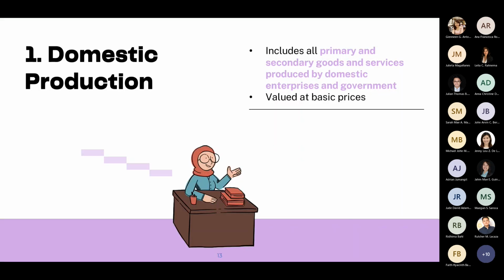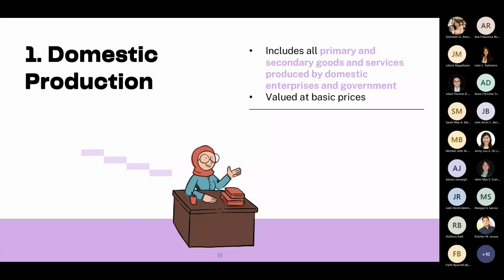All right, so now let's move on to our first block or component in the supply table. And this is the largest component of the supply table, the domestic production matrix. It includes all primary and secondary goods and services produced by domestic enterprises and the government. And of course, they are valued at basic prices.